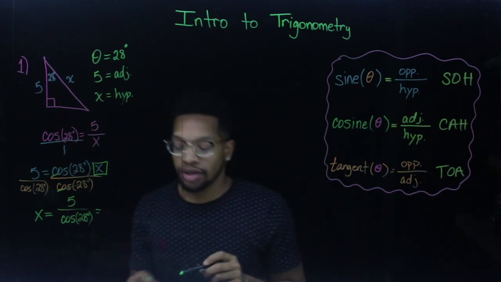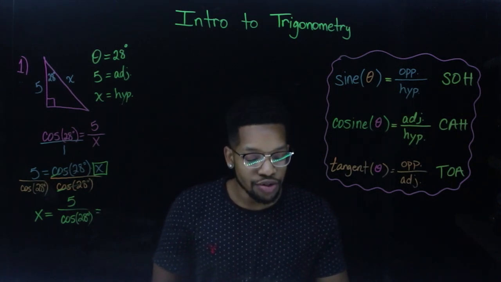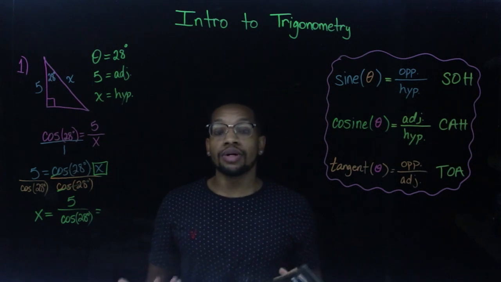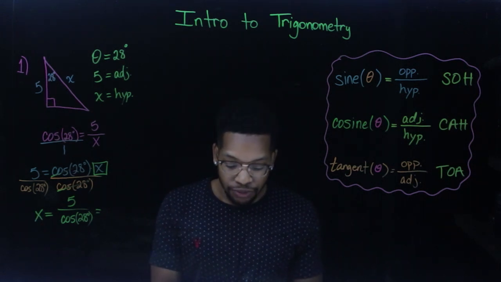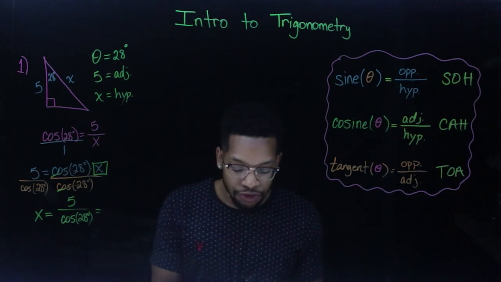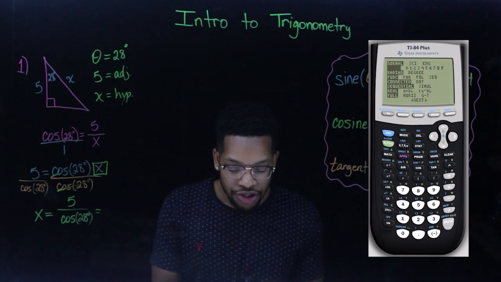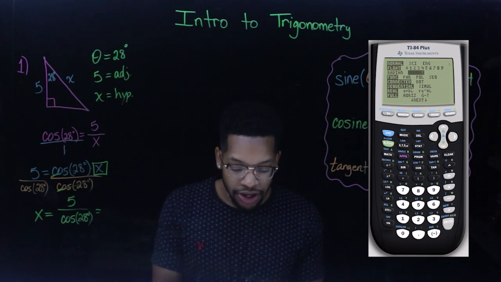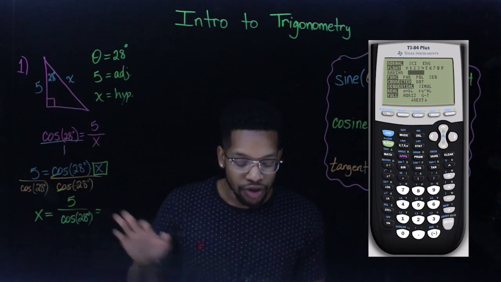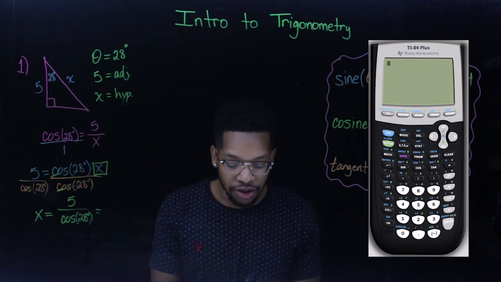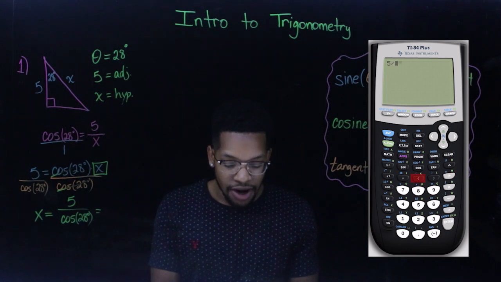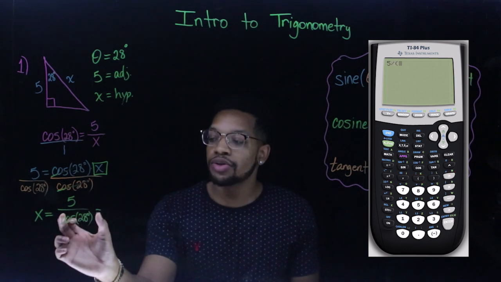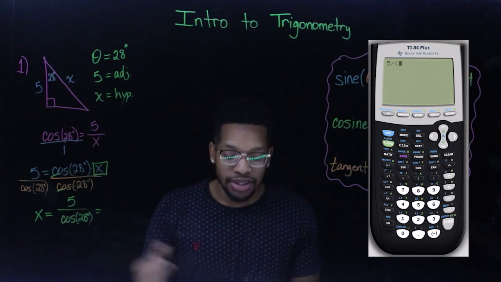But a lot of times they're gonna ask you to just give an actual number. And so you're gonna have to use a calculator. That's the only way to do it. So I'm going to my calculator. If you have anything like what I have, make sure you hit mode and make sure you're in degree mode. Radian mode is a whole different thing. We'll get into that in another video. But all you're gonna do is just type in what you see. 5 divided by, and then I like to put this whole thing in parentheses just to be safe.